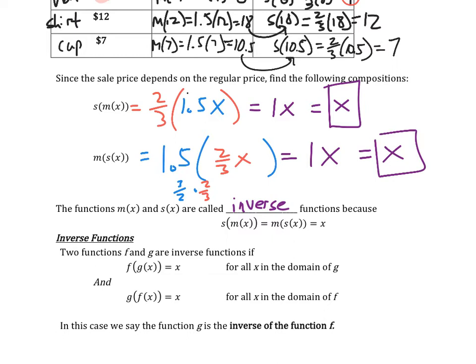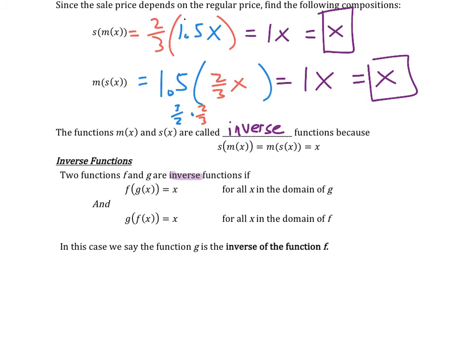Okay, so we have two functions, f and g, and they are inverses of each other if and only if, when you put g of x into f, you get x, and when you compose f of x into g, you get x. Okay, and that's what we call the inverse function. We say g is the inverse of f, or we can write it this way.